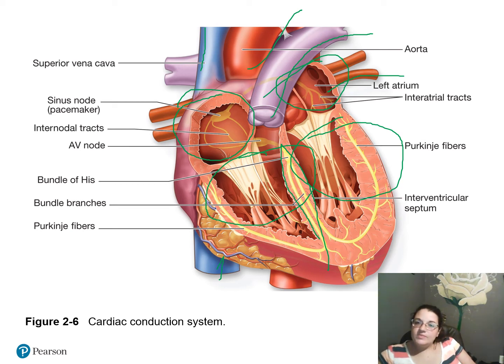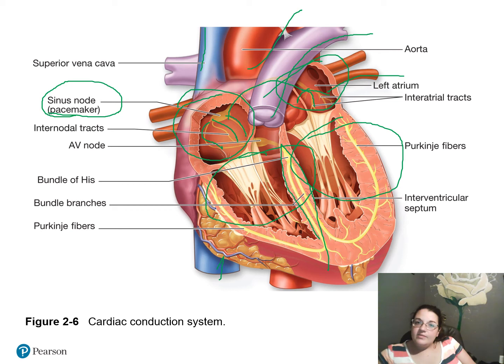So, who is my pacemaker of the heart? Sinus node. My sinus node is going to send that electrical spark down into the internodal tracts and across into my interatrial tracts. Okay?